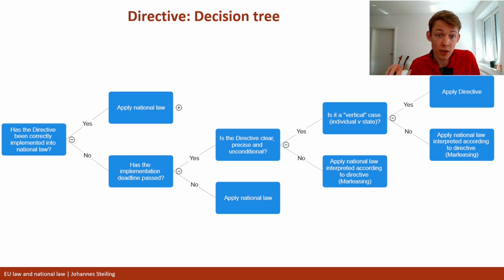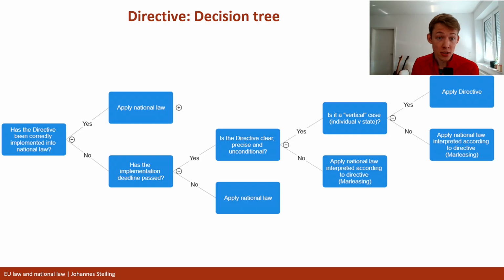We won't disapply national law and apply the directive in the individual case. But again, the ECJ has said, even without direct effect, because it is a horizontal case, we still have to interpret according to the directive. So still, in this case, we would try to interpret the national law as much as possible in accordance with the directive, which could lead to me winning the case.